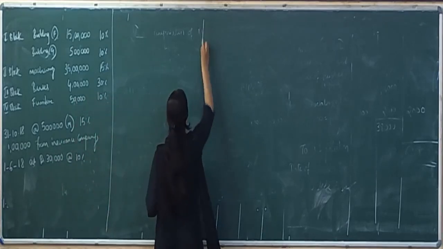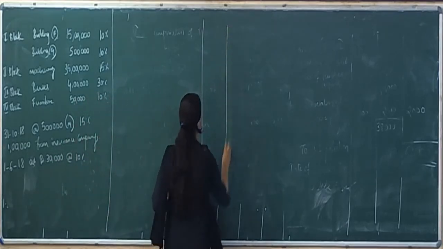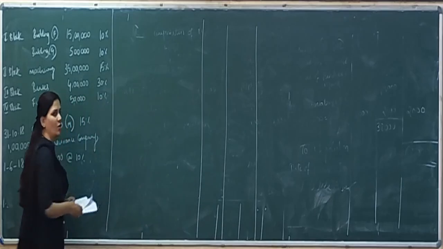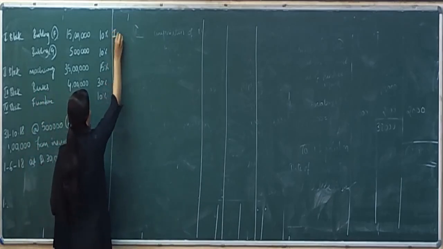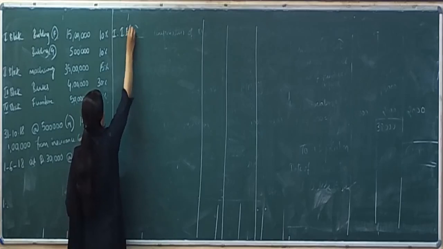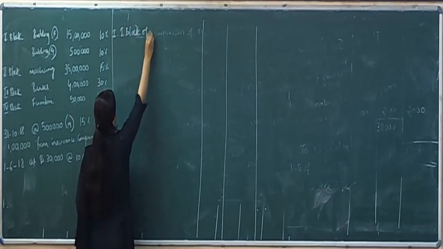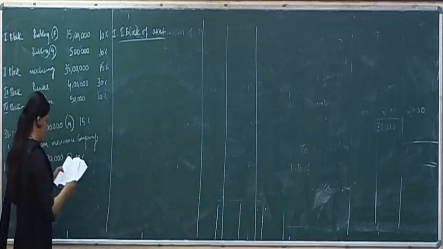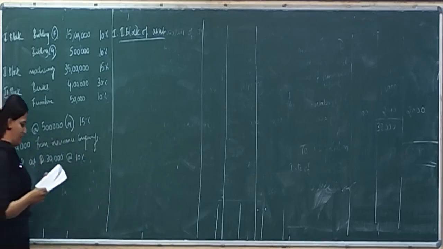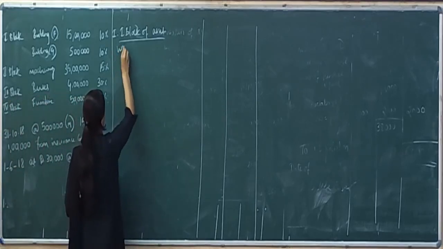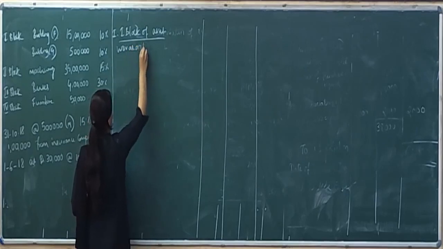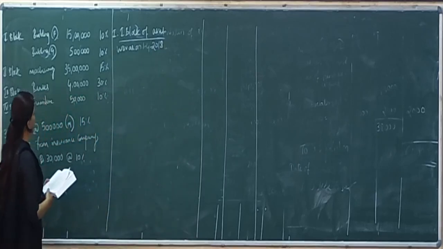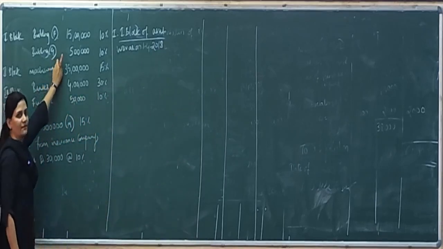So here, first block of asset, we can take it here. First block of asset here is building. So written down value as on first April 2018.